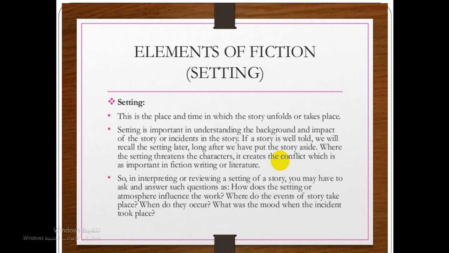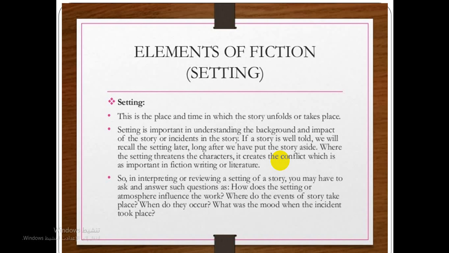It's very important while you are interpreting and analyzing a short story to ask and answer these questions. What role does setting play in the story?